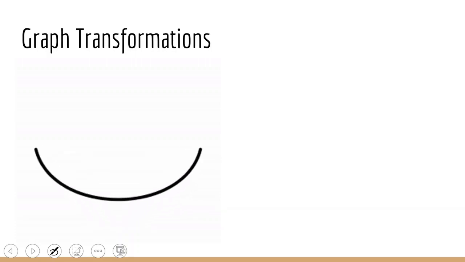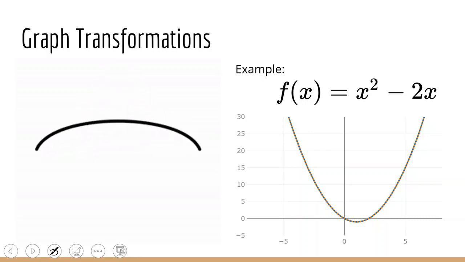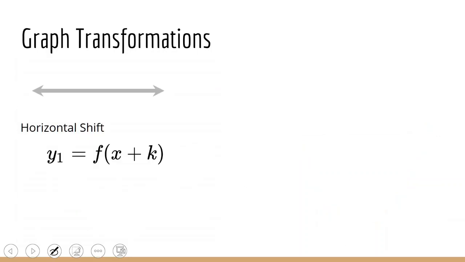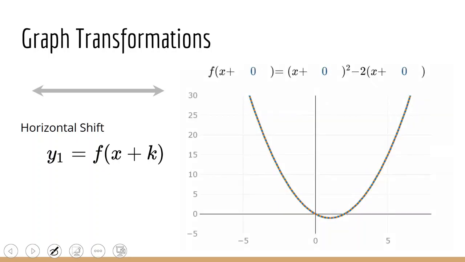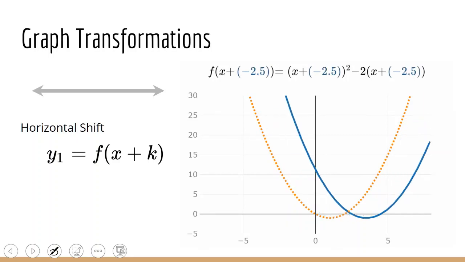So for this example, let's try and do some different transformations to this function over here, x squared minus 2x. So firstly, we can shift it horizontally by adding a constant k to x through this over here. And so through this, we can see as k decreases, becomes negative, it moves to the right.